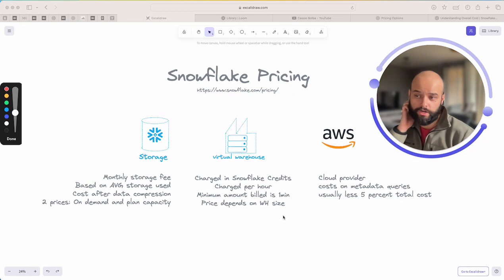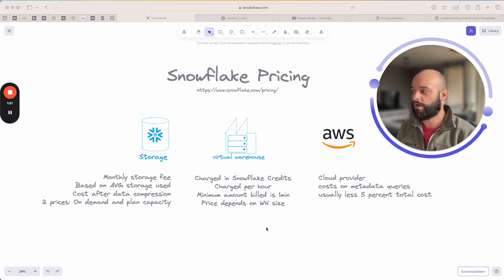But basically it's charged by credit, and each credit is charged per hour, right? So the minimum amount billed is one minute. So it means that if you run a query for 10 seconds and then you drop or stop your warehouse, you're going to be charged for 1 minute.